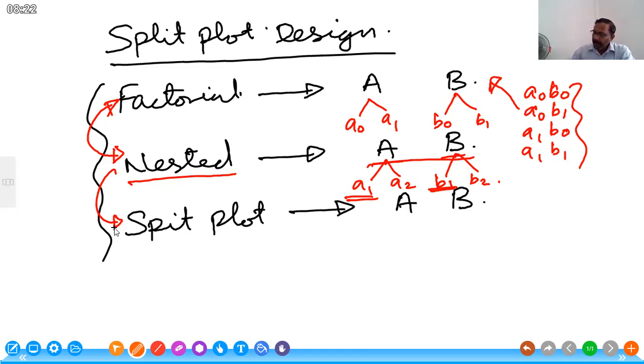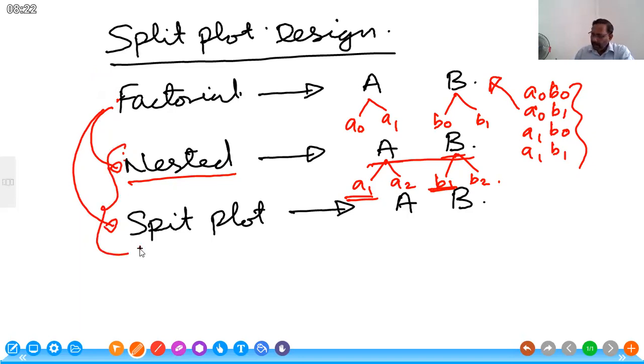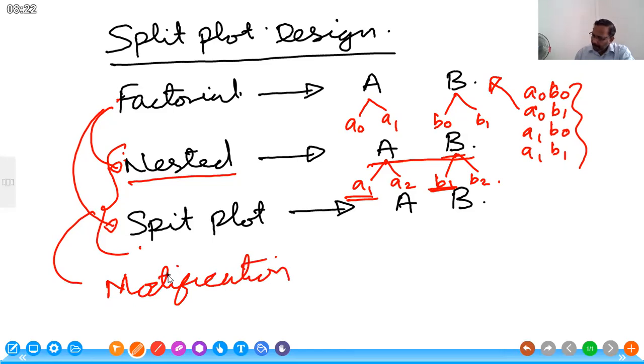Actually, these two designs, nested and split plot design, can be called modifications of factorial experiments.